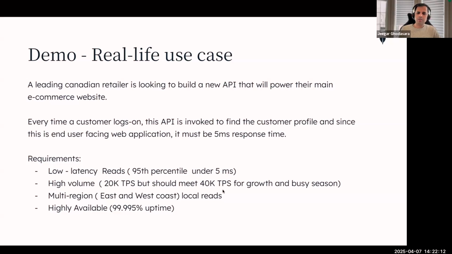They also have a user base in multiple locations in North America, so they wanted to have East and West database servers, which can provide local reads. The writes were batch writes to update the customer profile, so they weren't really worried about the performance of the writes.